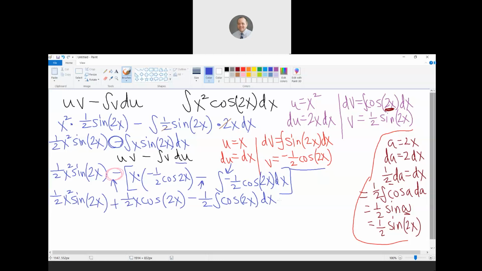Now, the integral of cosine 2x dx, we don't have to integrate that again because we integrated it earlier. So that is 1/2 sine of 2x.